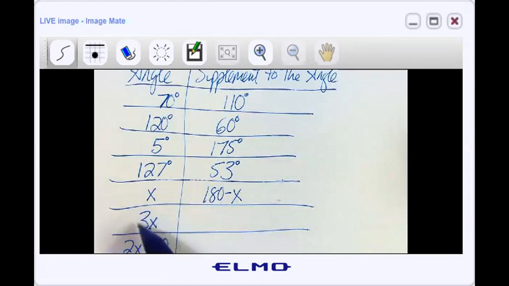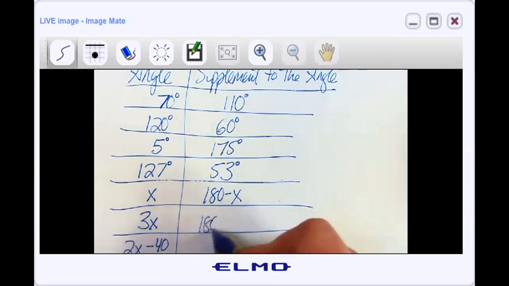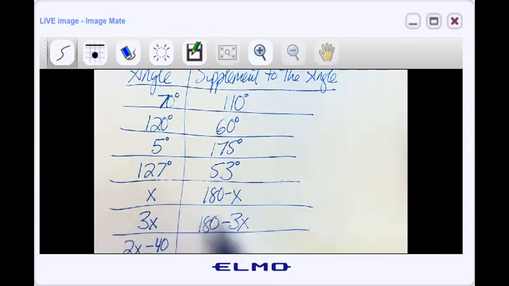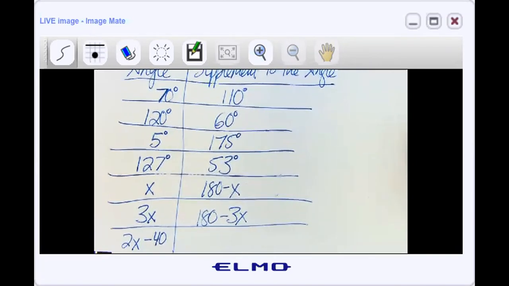You're saying that this equals, now you're thinking about it a different way. You want to take 180 and subtract whatever that number is. So, see how we did it with the X? So yeah, 180 minus 3X. Yes, that's it. 180 minus 3X.